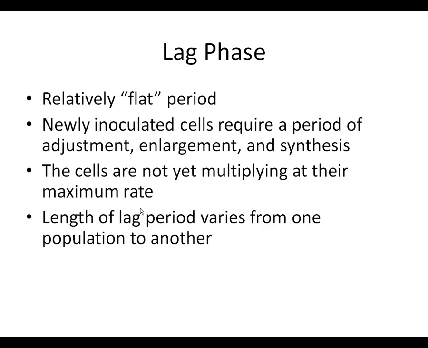You may have some binary fission going on, but it's going to be relatively low, and most of the time cells are enlarging. They're in an environment that is full of nutrition. There isn't a whole lot of toxin production, and so now we have cells that can continue to repair themselves and replicate at a lower rate.